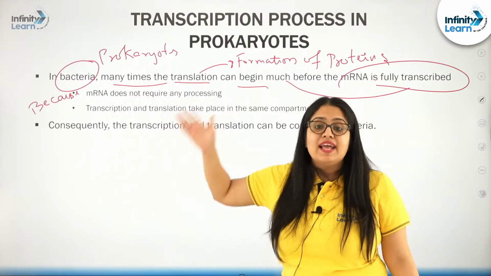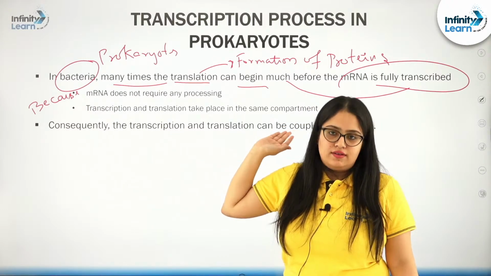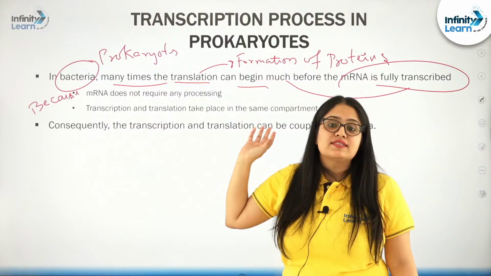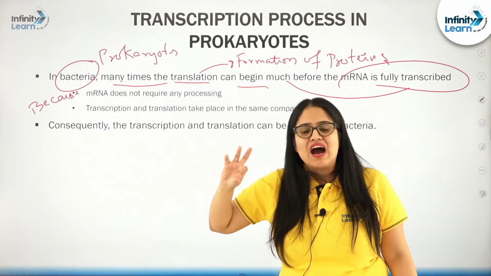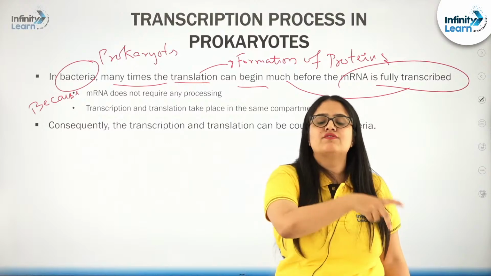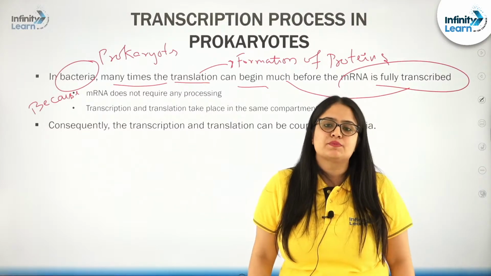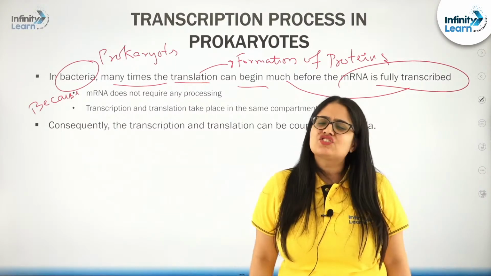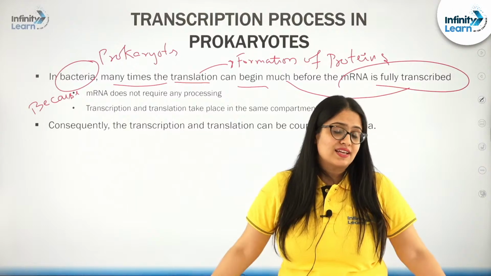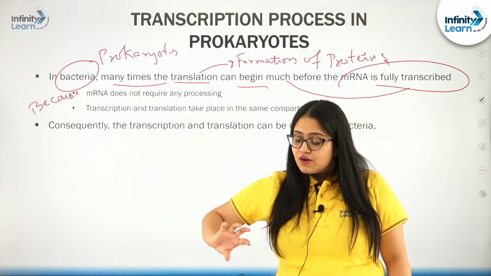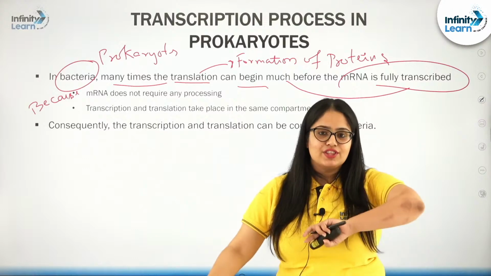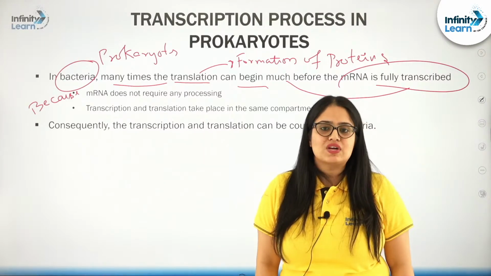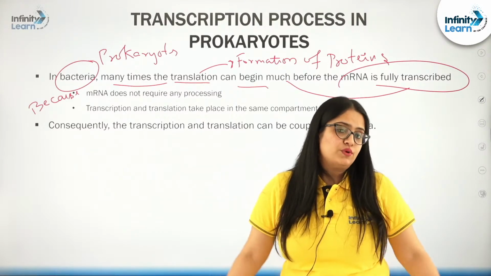Unlike that, in eukaryotic cells, first of all a primary transcript, hnRNA, is produced, and after processing hnRNA gets converted to mRNA, which actually participates in the translation process. But such a scene is not there in a prokaryotic cell like bacteria. Here the nascently formed mRNA, without processing, directly participates in translation, the formation of protein.